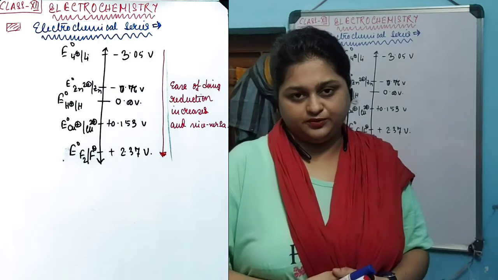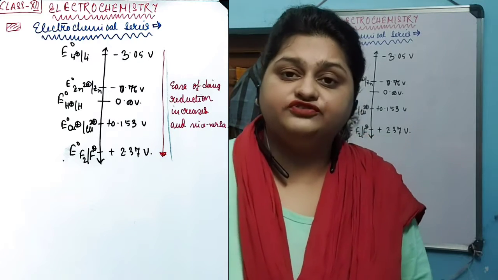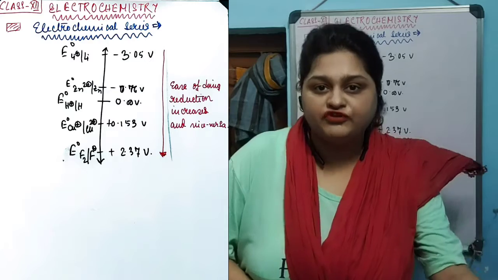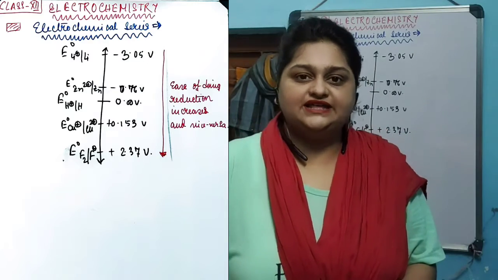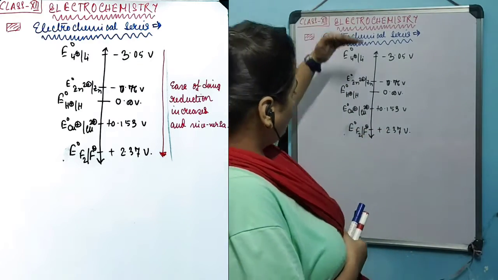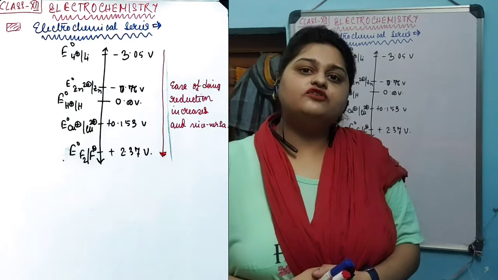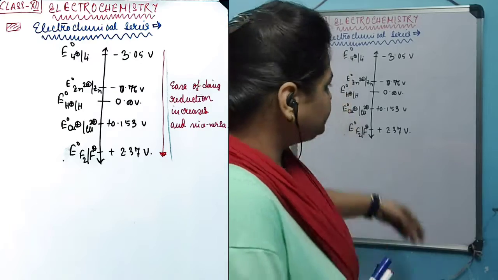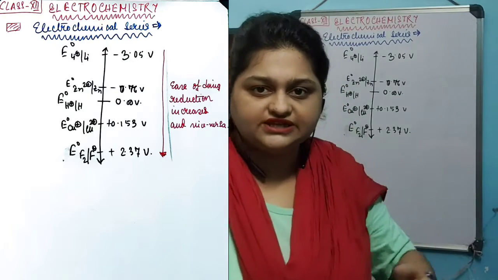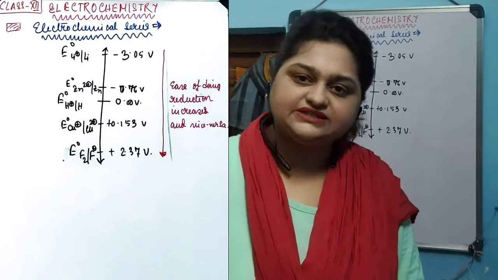reaction of that electrode is more favored. This means that from top to bottom in this series, the ease of doing reduction by the species increases depending on where they are placed.